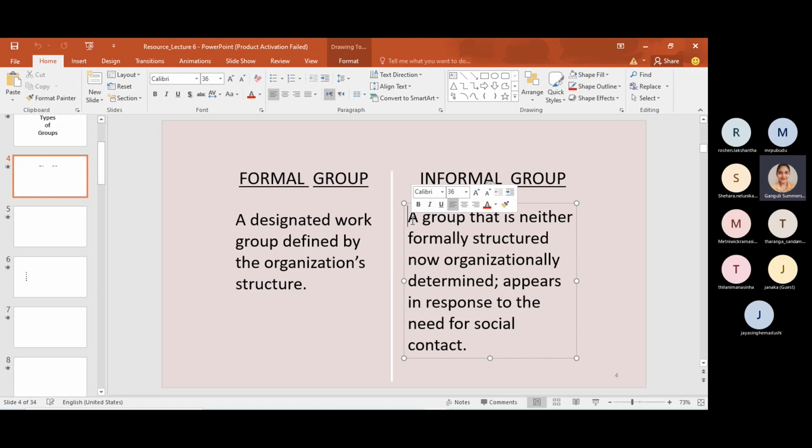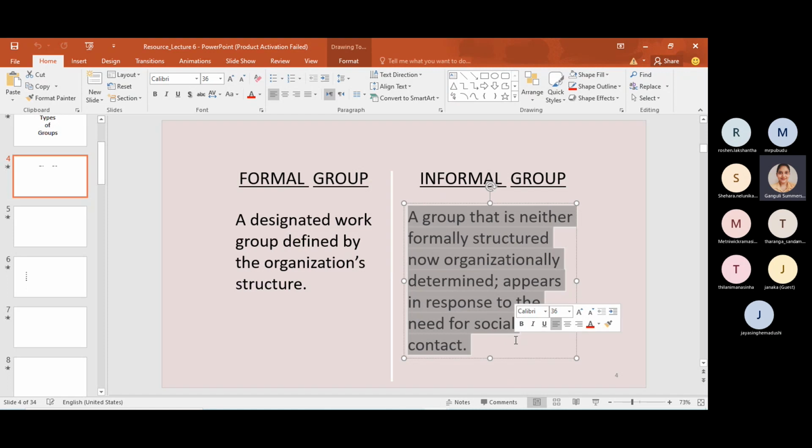You form them just for the need of social contact, just for the need of having friends. A group of friends can be taken as an example of an informal group.